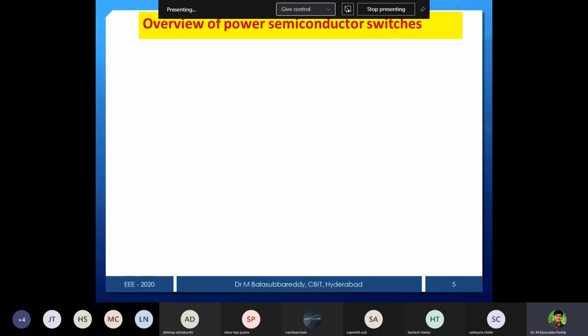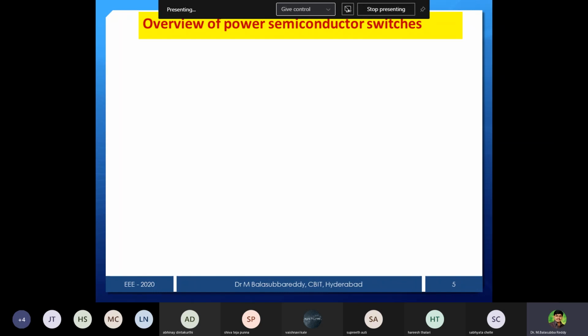When the device is on, the contacts will be closed, and if it is off, the contacts will be open. The only thing is how the device is going to be switched on or off. That is what we need to know, because different devices have different characteristics, like a BJT or an SCR.